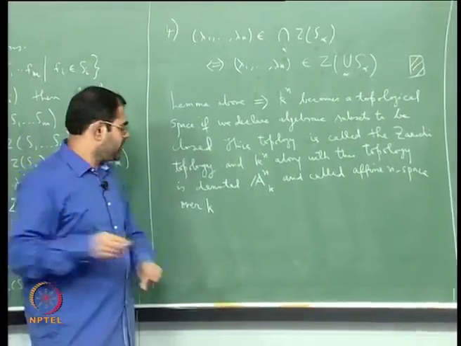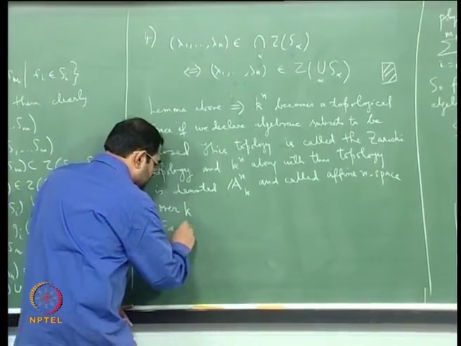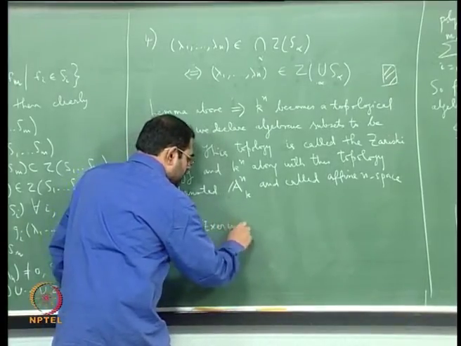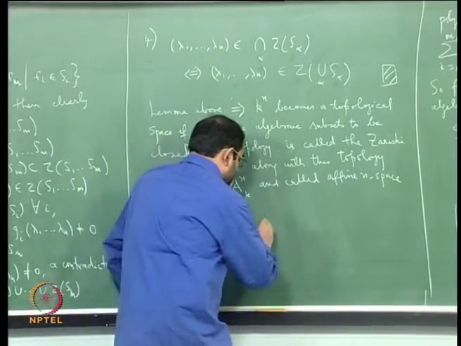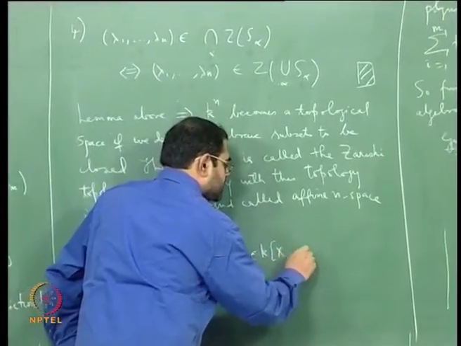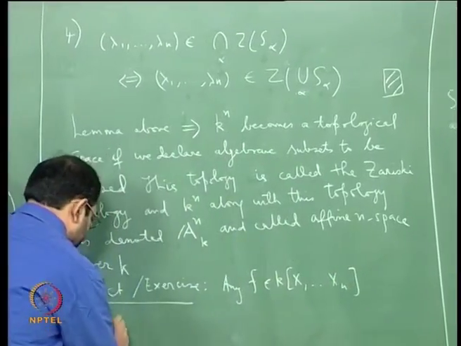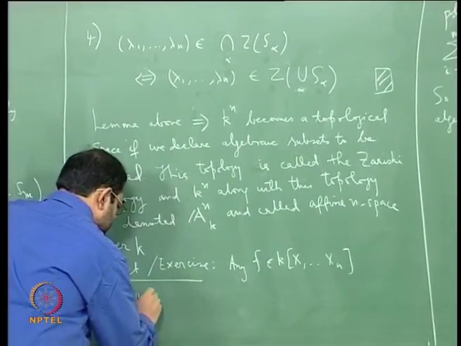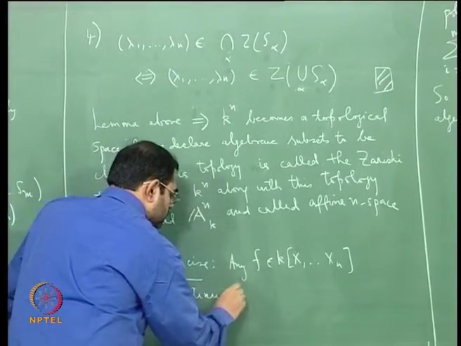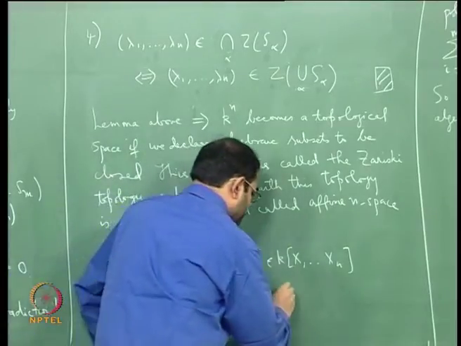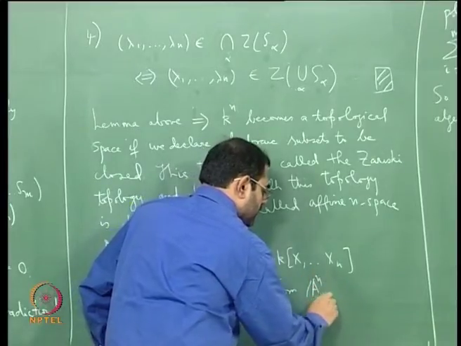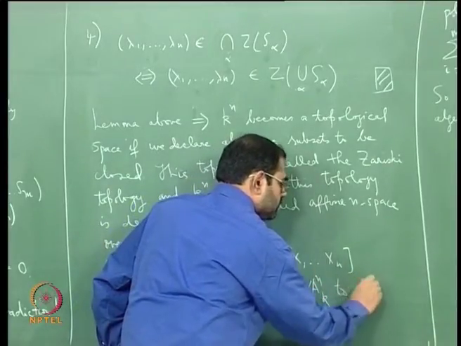Okay, so fact, or I'll put it as an exercise, but we will see this later in detail. Any f in K[x1, ..., xn] gives a continuous map from A^n_K to A^1_K.